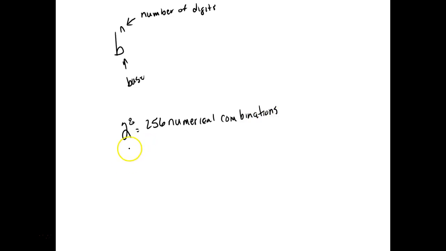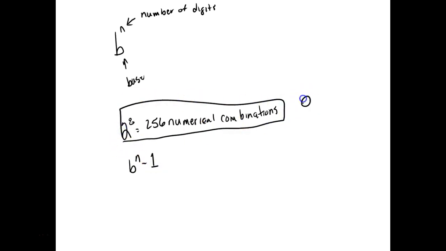Now to calculate the biggest number, it would be base to the n minus 1, because this gives you the total number of combinations, and in computers everything starts with what? 0. So this would give us the largest number we could represent in that base.